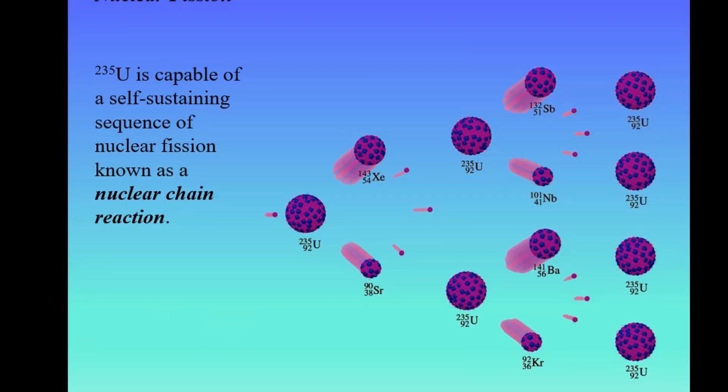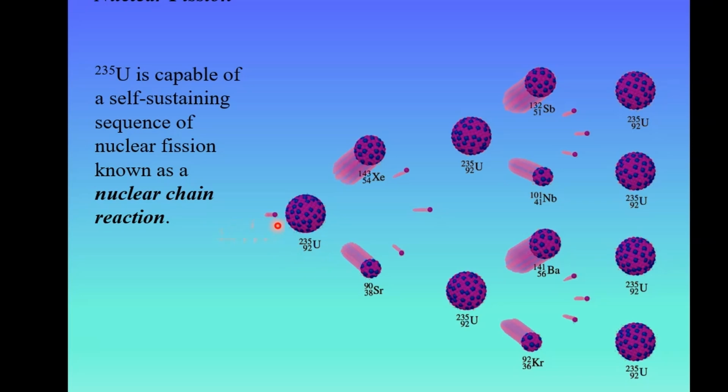Now let's talk about nuclear fission. So here's our uranium-235. It's capable of a self-sustaining sequence of nuclear fission known as a nuclear chain reaction. So here is nucleus of uranium, and this is presumably a neutron.